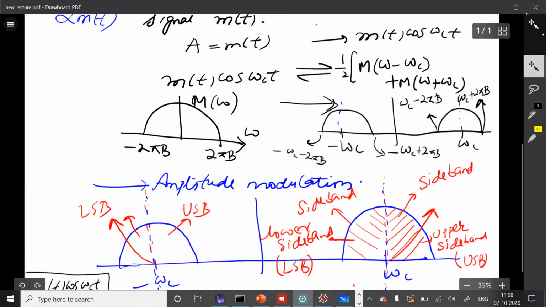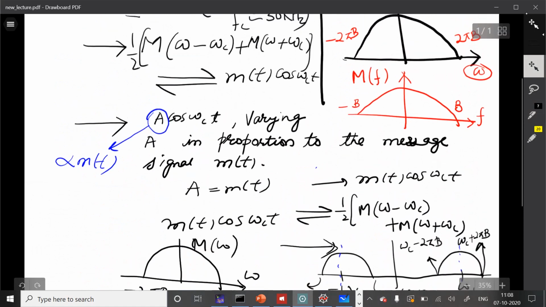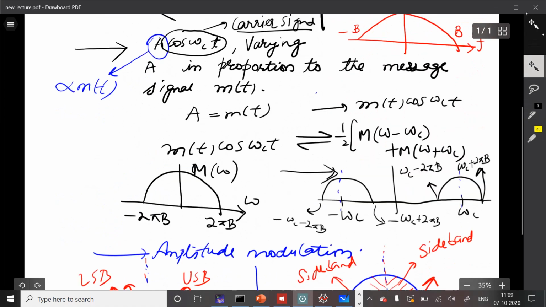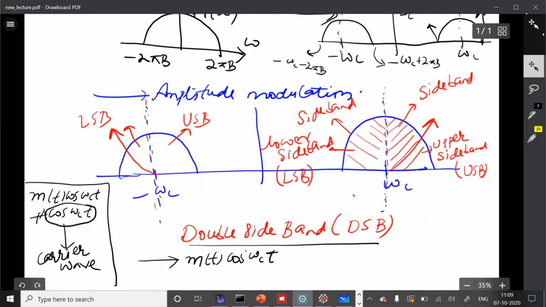So let me mark it, the moment I have introduced it. So this cos omega ct, or even A cos omega ct, it's called carrier wave or carrier signal. Okay, for obvious reason, it carries on its back, on its amplitude, the information about the message.